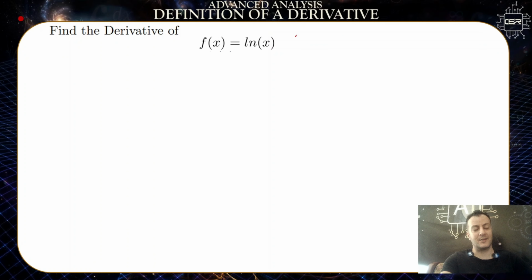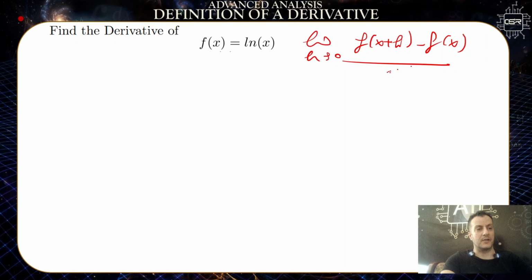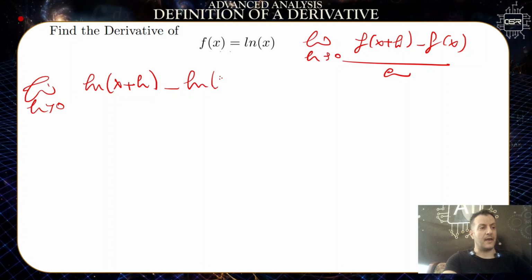So f of x equals ln x. Okay, so let's find the derivative. It is the limit as h approaches 0 of (f of x plus h, which is ln (x plus h), minus ln x) over h.